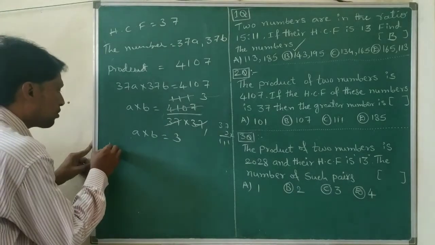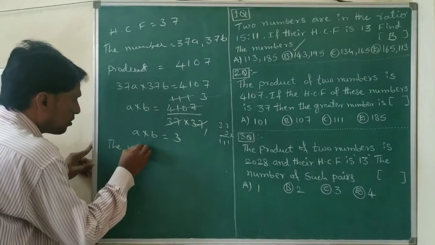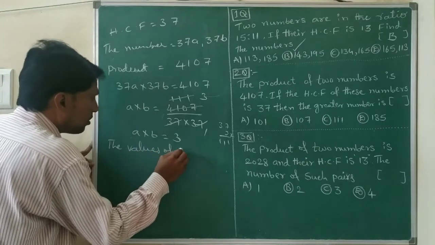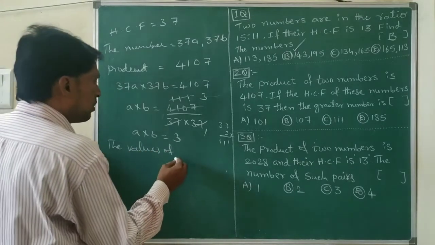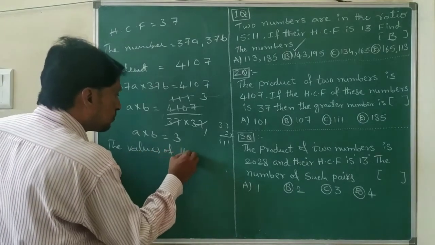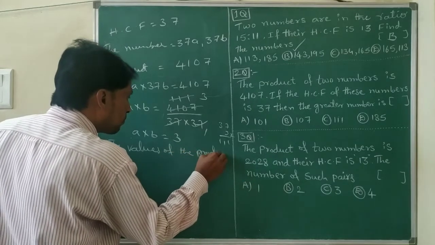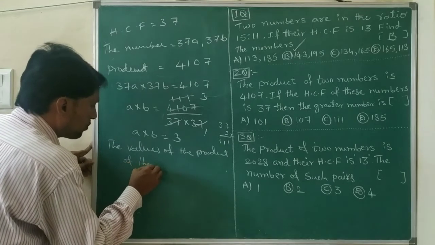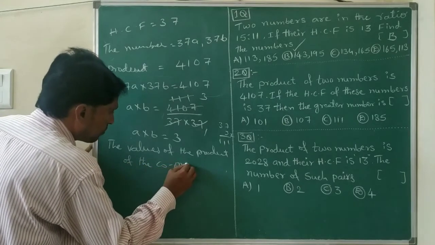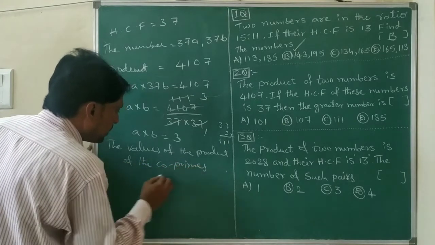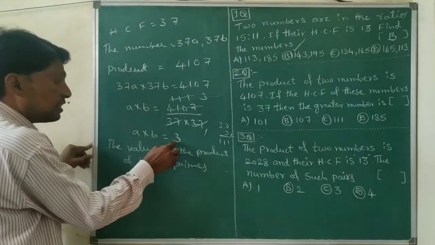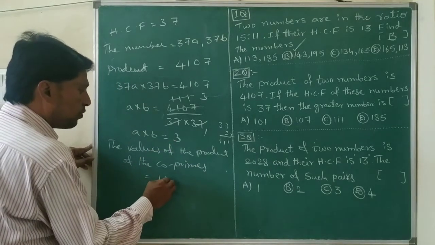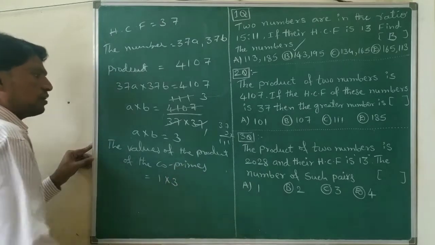So the product of the co-primes equals 3. How do we write this 3? 1 into 3 we can write, 3 into 1 also we can write.